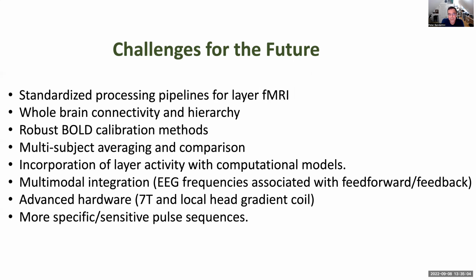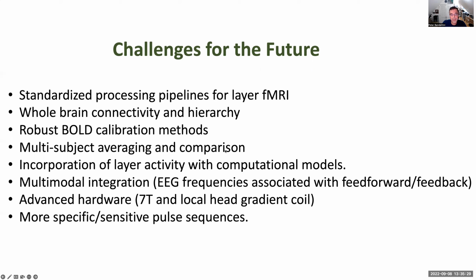How do we multi-subject average and compare multiple subjects? Spatial registration is nearly impossible at the layer level unless you do some extremely nonlinear work or focus on specific cortical areas. So it's really hard; you might need something like hyperalignment potentially.